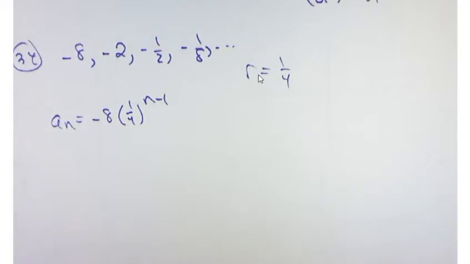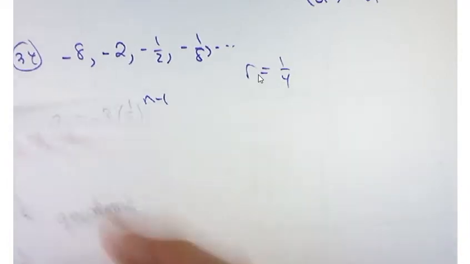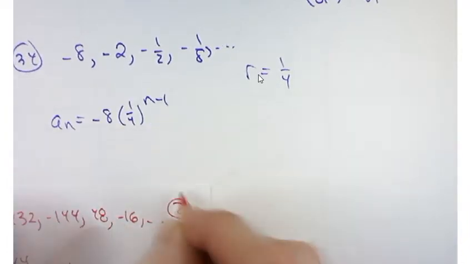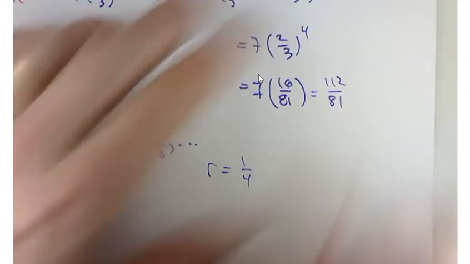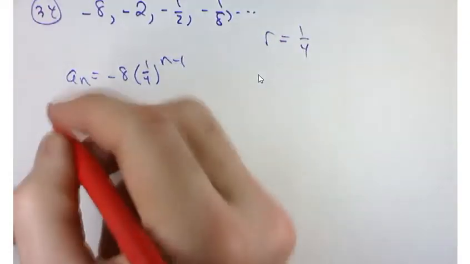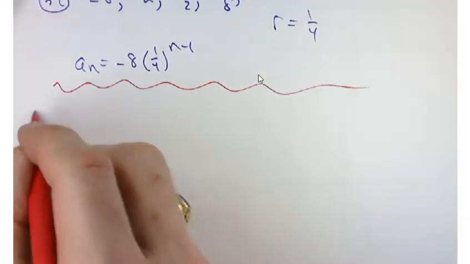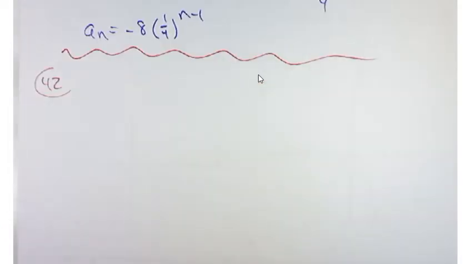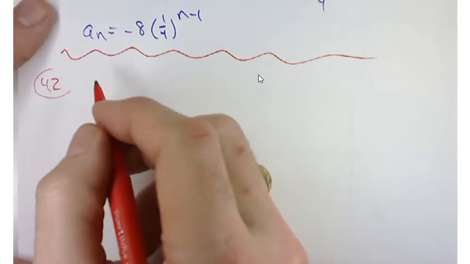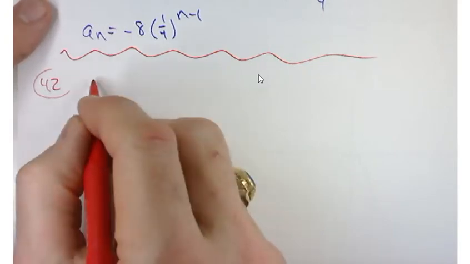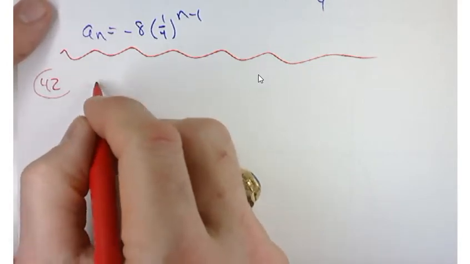Problem 42. You're asked to find the general term of a geometric sequence, and they tell us just a little bit of information.